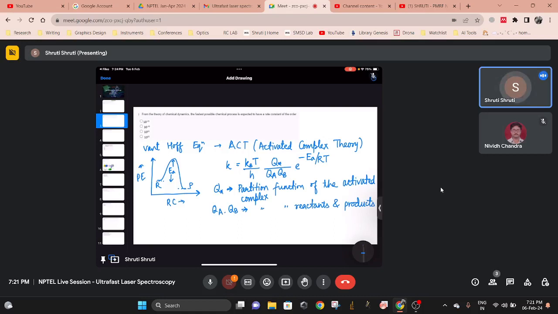Okay, so for the fastest possible reaction, there should be no barrier. If the reaction goes without a barrier, this will be the fastest possible reaction.